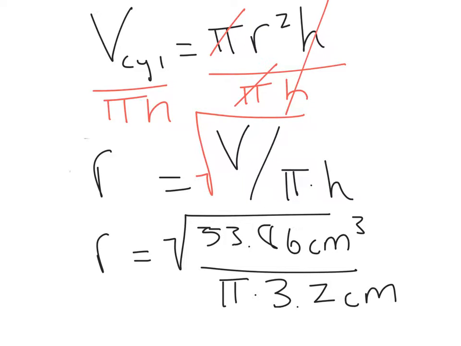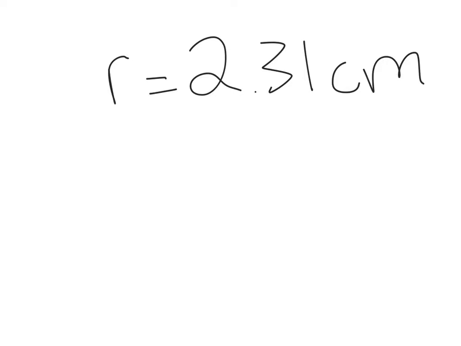I'll come to a new slide. So my radius r, according to what I saw, was 2.31 centimeters. Remember, when we plug our values in to your online homework system, our rule for significant figures is 3. So we're always going to round to 3 significant figures.